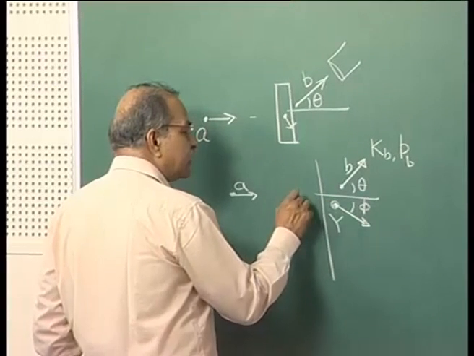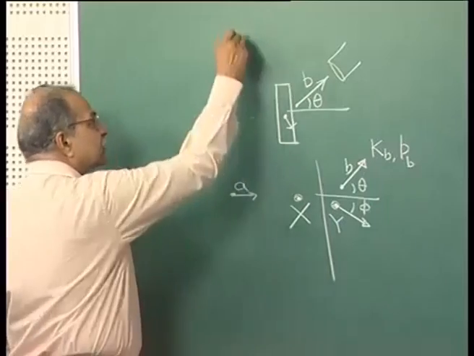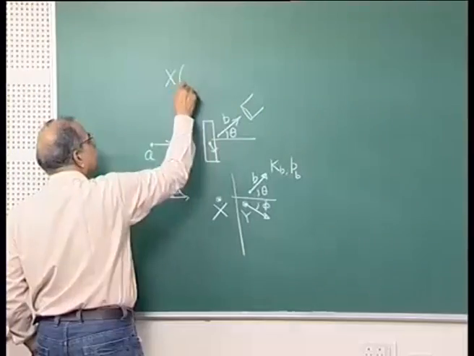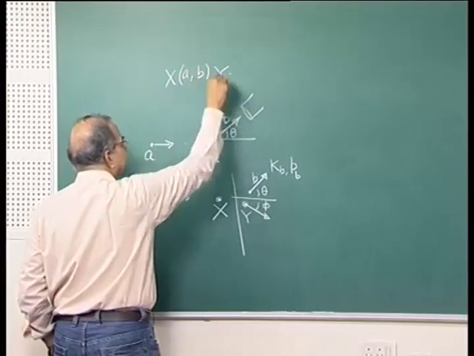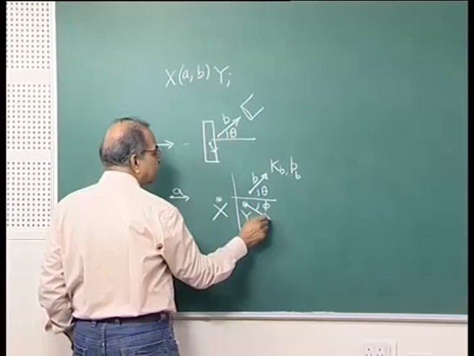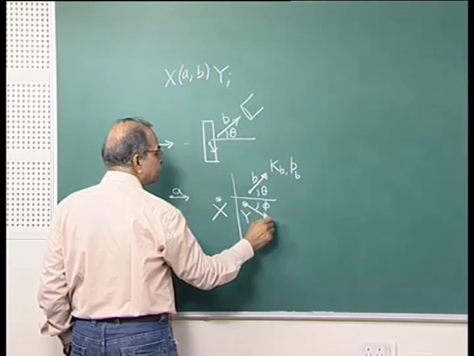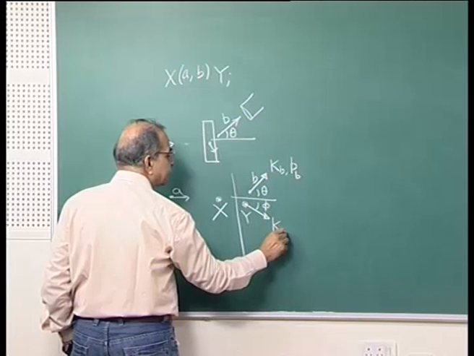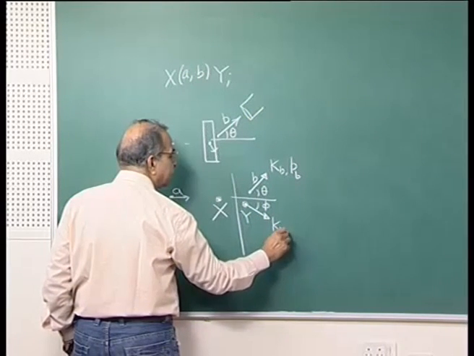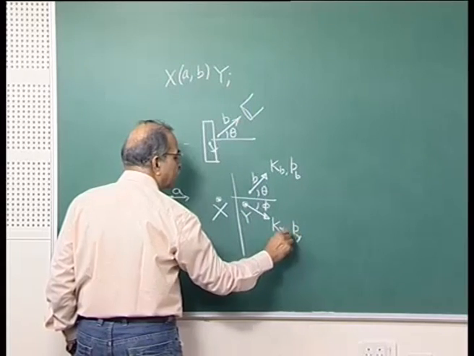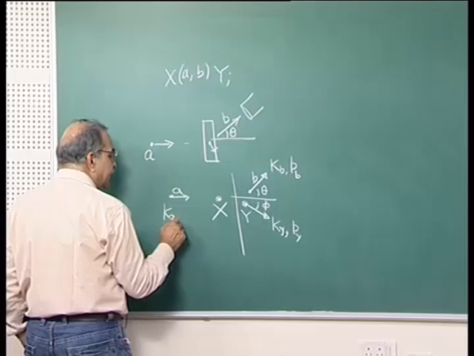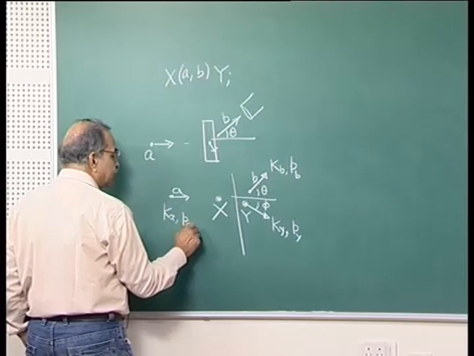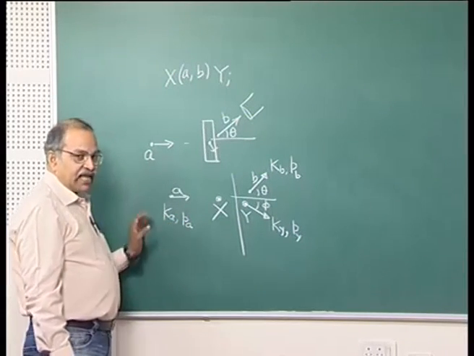The product nucleus Y goes in this direction, the kinetic energy is K Y and the linear momentum is P Y, and for this one the kinetic energy is K A and the linear momentum is P A. The linear momentum will have its own direction.